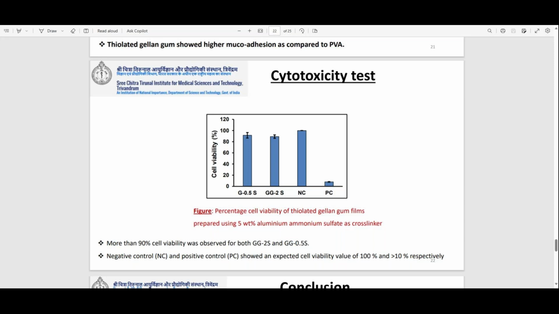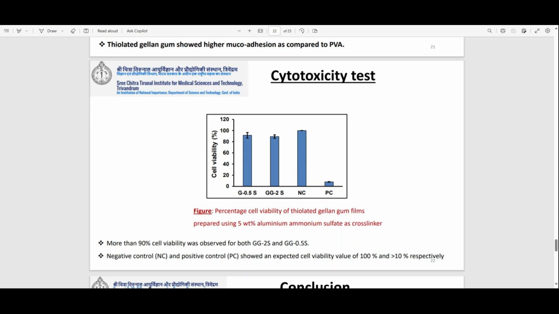We used the L929 mouse fibroblast cells based on the ISO standard, and we found there is no significant toxicity in these films before and after at different extents of dilation.